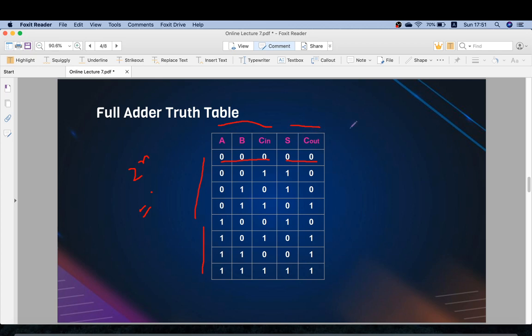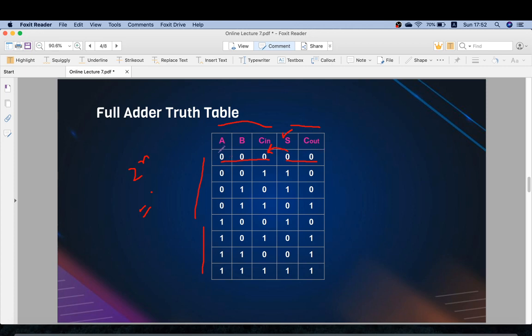While taking the output for this, first of all we will take the output for A and B, and then the answer with the carry in, so that will be the final answer.